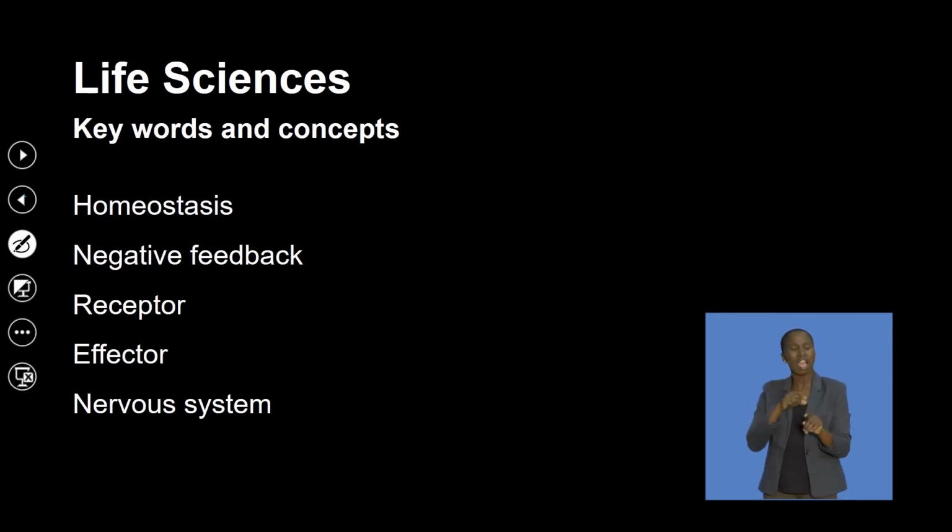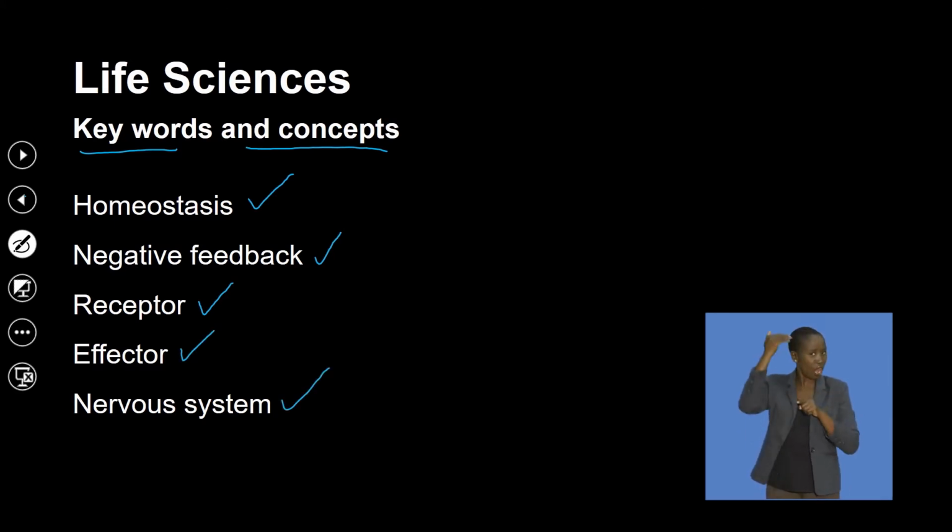As we normally do, we need to look at the key words and some important concepts. So the first term that we're going to be unpacking is homeostasis. The next concept we're going to look at is the mechanism of negative feedback. And in that, we're going to look at what a receptor is, what an effector is, and what the nervous system does.